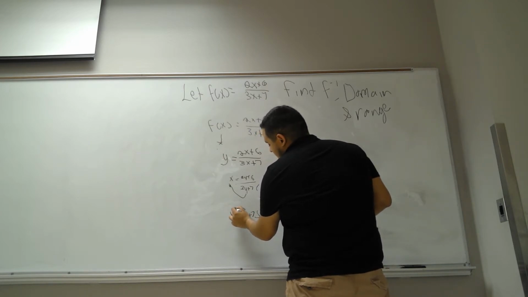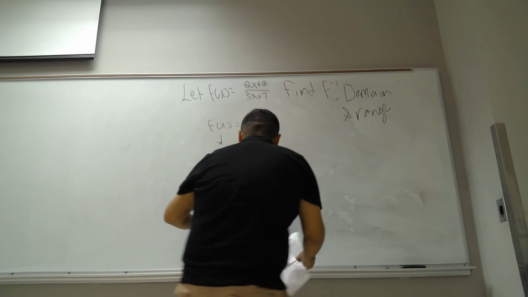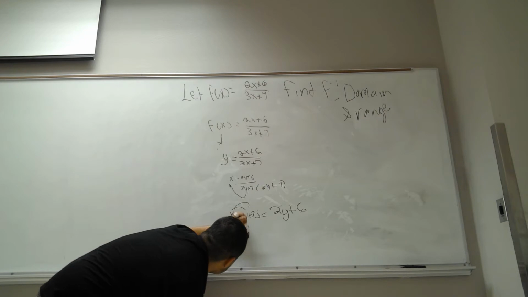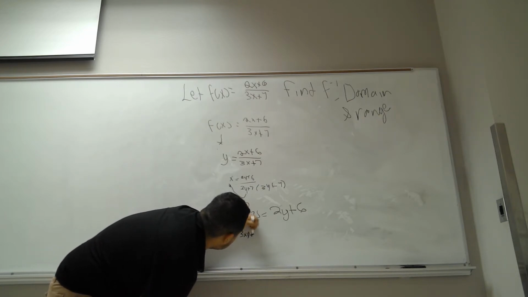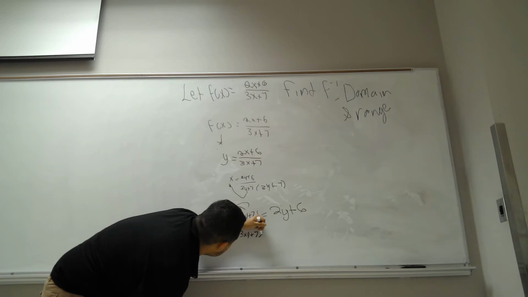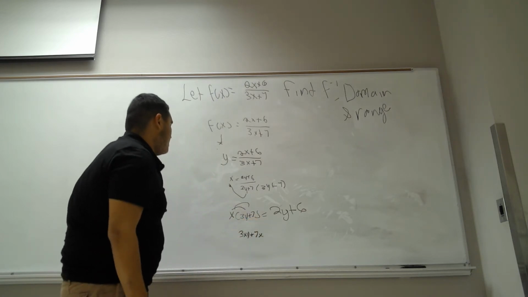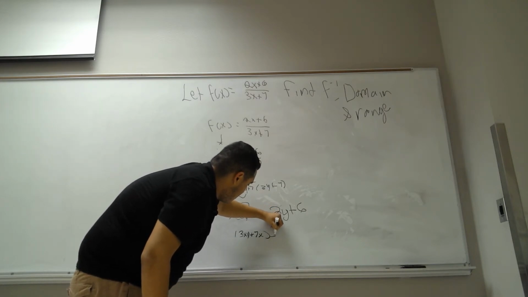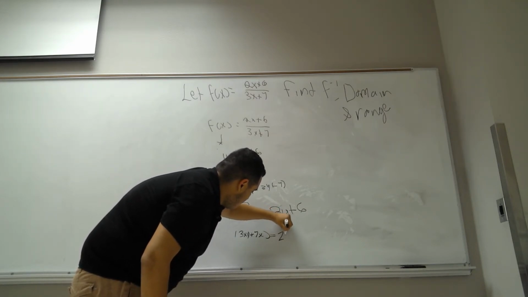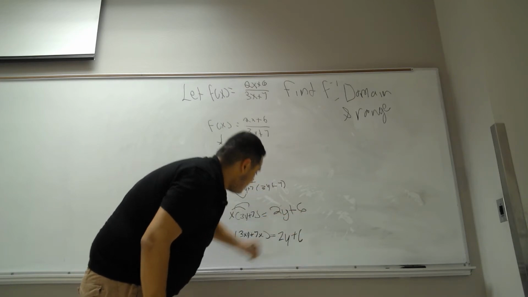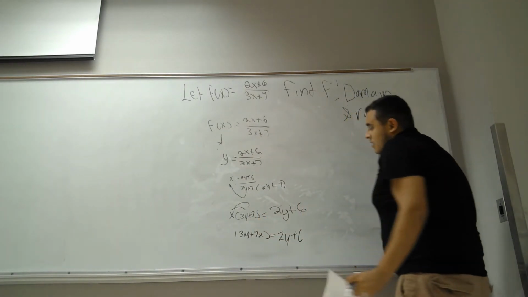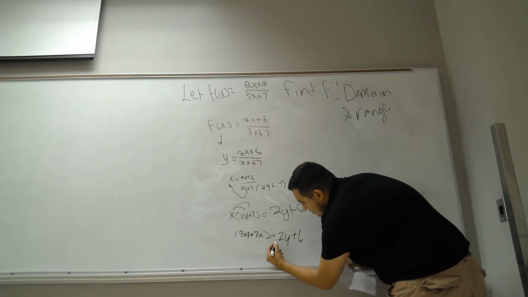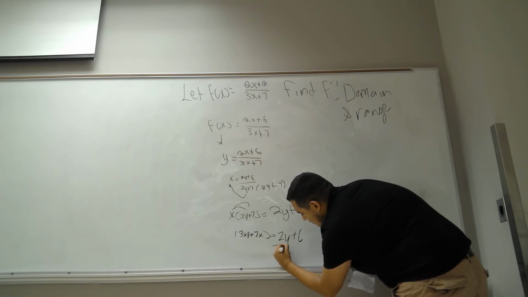Okay, now what you want to do is distribute here, which is going to give 3xy plus 7x equals 2y plus 6. In order to make this happen, you're going to want to subtract 2y.